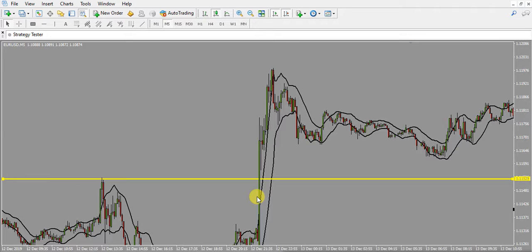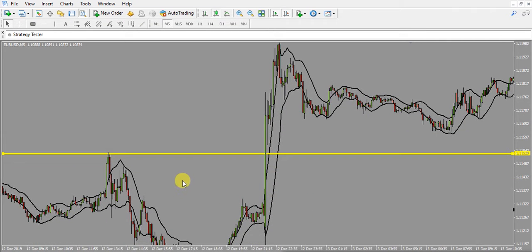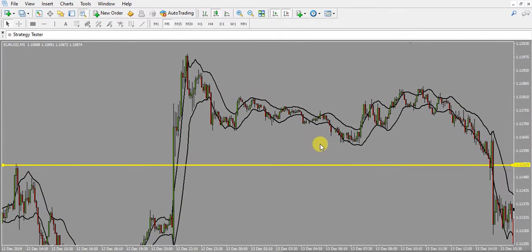I mean, you got to start recognizing the difference in candle sizes. How big a candle is compared to how small it is, and when you get massive moves like this, price is just ready to come down.